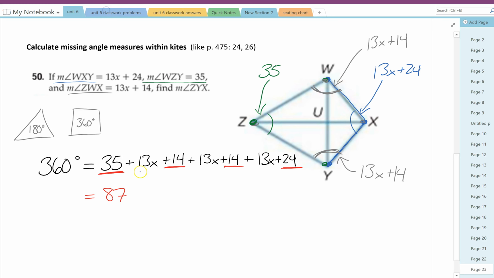And I'm going to add up my x terms. 13 plus 13 is 26, plus another 13 is 39. So I have 39x. That's all equal to 360.